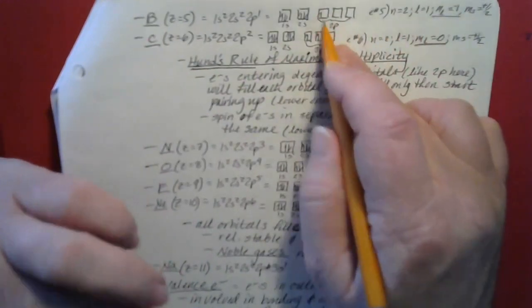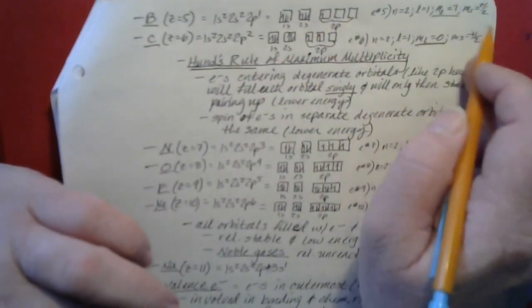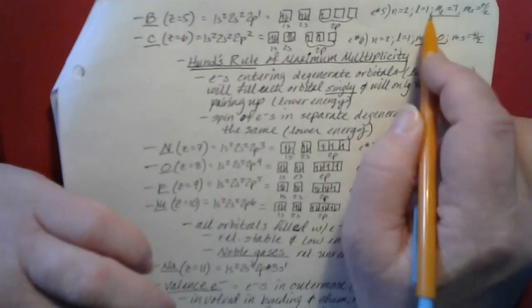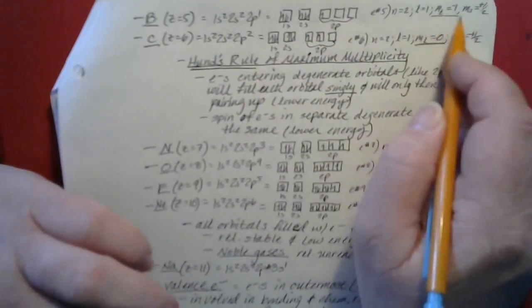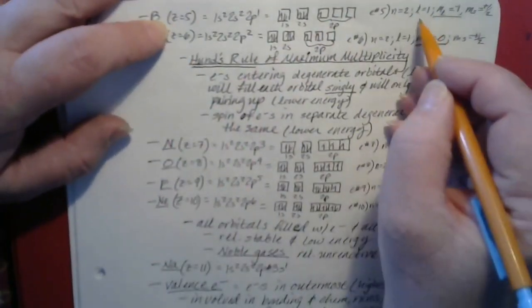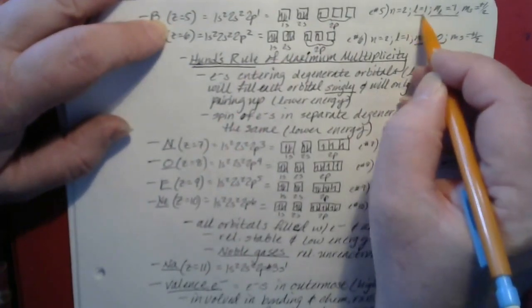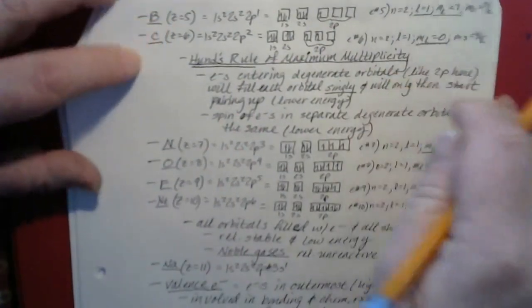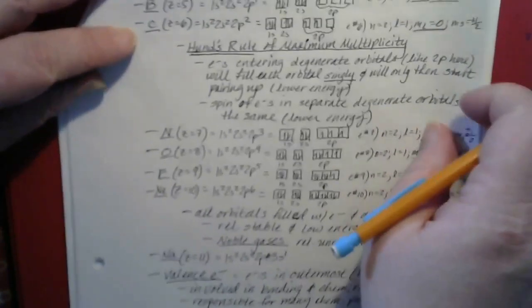And then I drew it pointing up, so m sub s is +1/2. And the m sub L equals -1. That's what distinguishes it from the last previous entry. Oh, actually, the L equals 1 also. That's different from the previous electron.